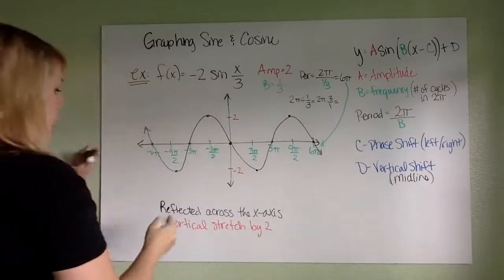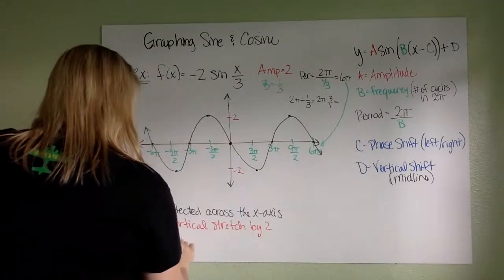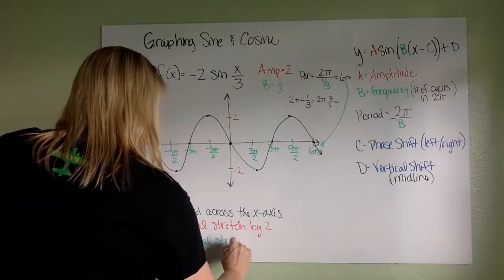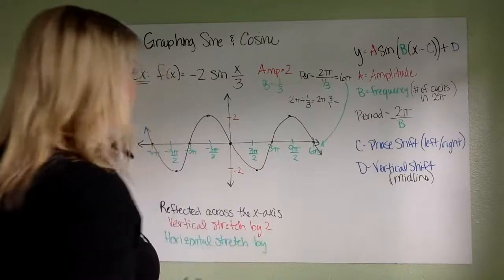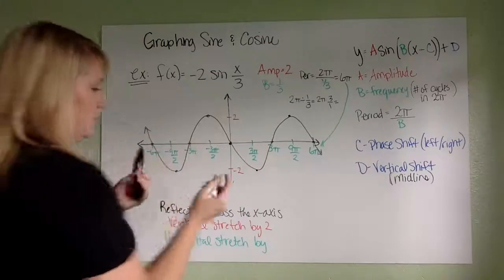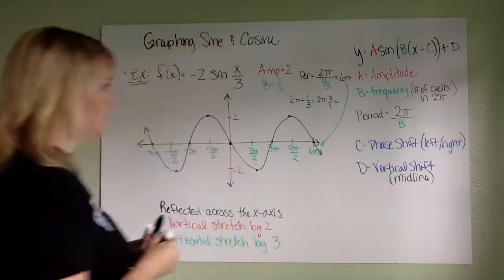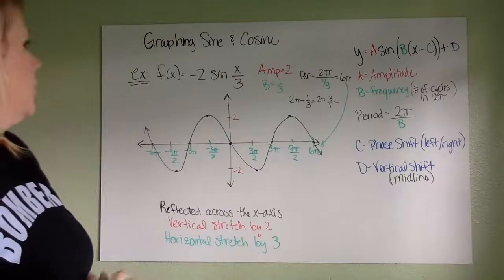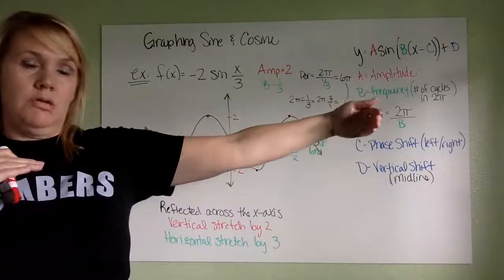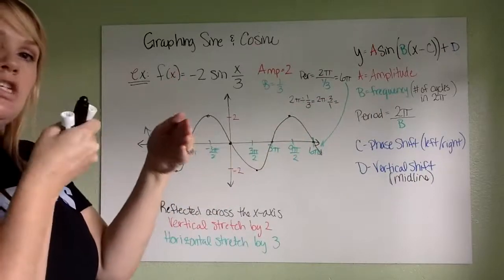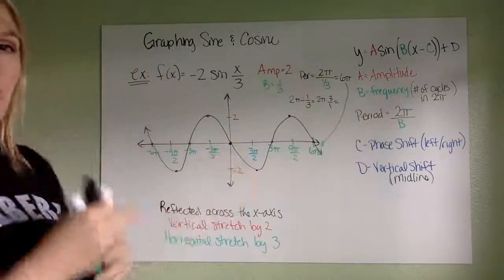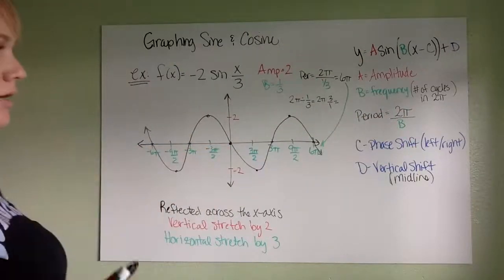So the 1/3 is a horizontal stretch, and instead of saying by 1/3, because you don't stretch something and make it a third of the size, you use the reciprocal, which is 3. So this 1/3 is causing a horizontal stretch by 3. What was finishing in 2 pi is now finishing in 6 pi, 3 times bigger.